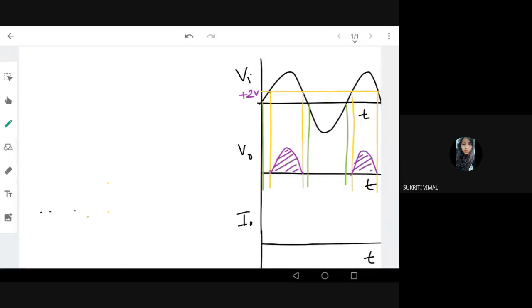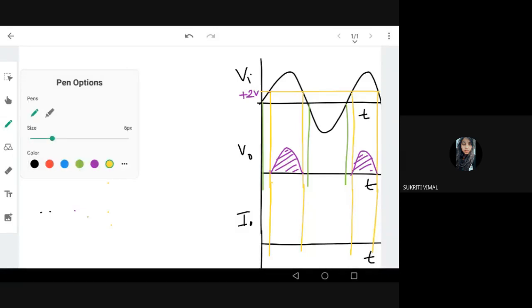Now what is the current output value? Exactly, we just need to extend this. Okay, so let me draw the current also here. The current will be exactly this, following the voltage waveform. Why? Because there's only resistance in the circuit, right?